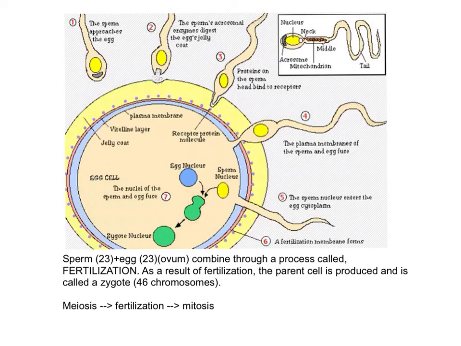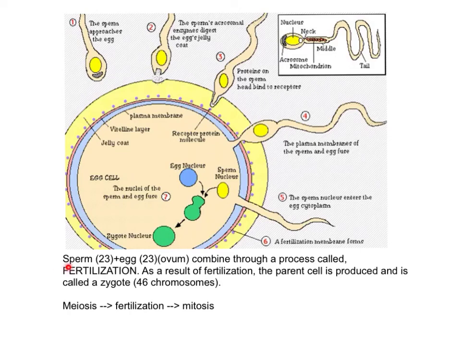So as you can see here, as the sperm and the egg combine, they form a zygote. So the zygote is what they call the first original cell. That first cell that contained 46 chromosomes. So this would be your first ever cell or your parent cell.